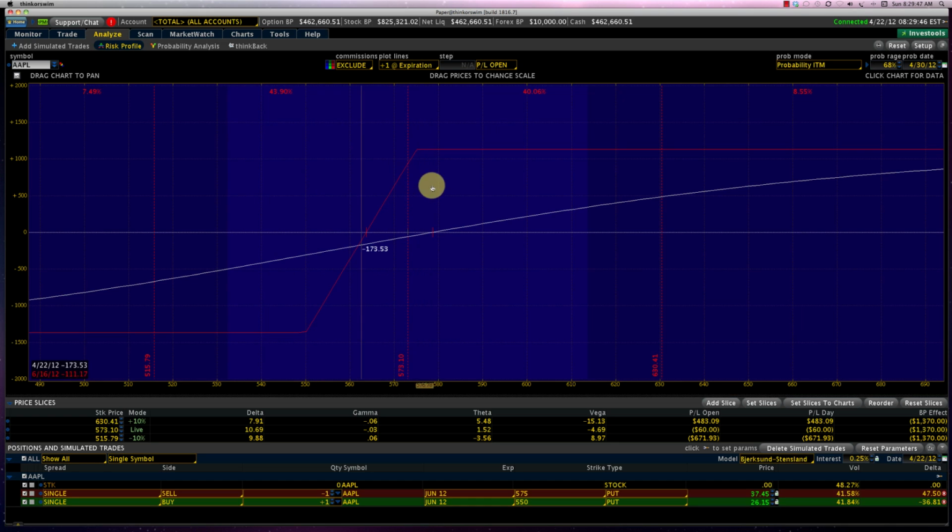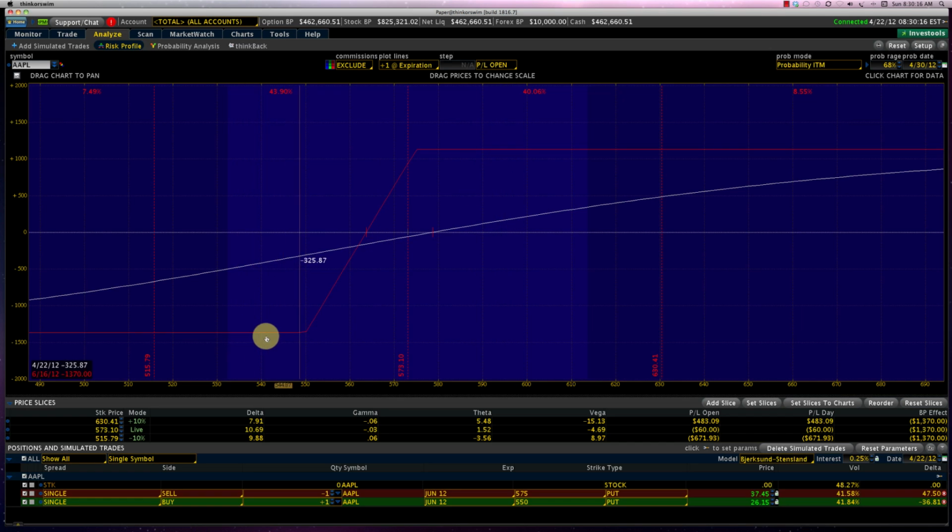We can see that the red line changes direction in two places because now we have two options, and the strike prices are 575 and 550. Now you've limited your risk, because if Apple starts to fall and let's say it goes to 500 right here, the option that you sold is going to be seriously in losses.